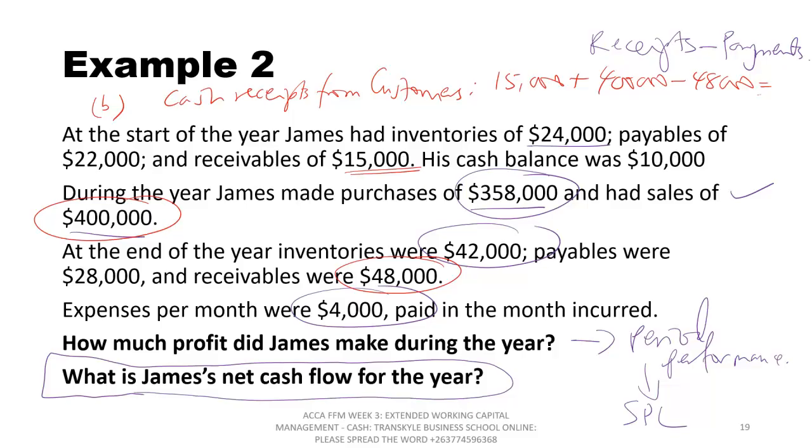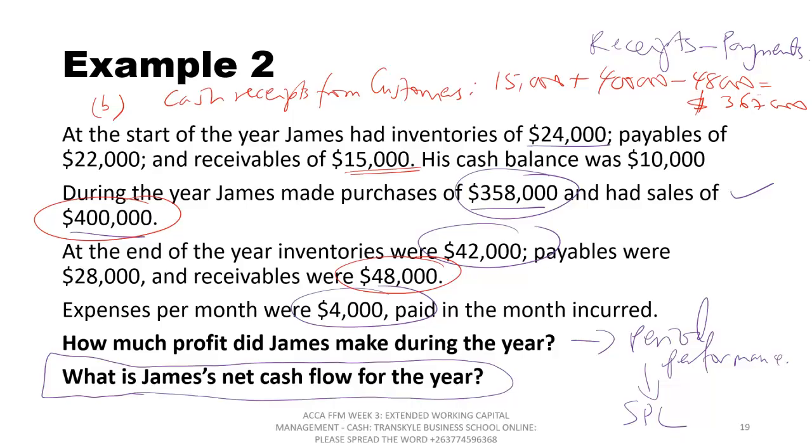So we are left at 367. 367,000 dollars as the amount we actually received as cash from sales. Are we together?